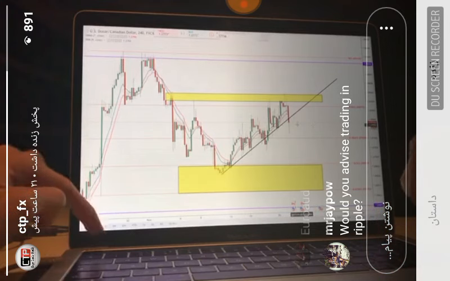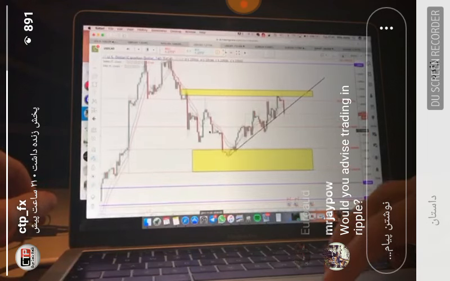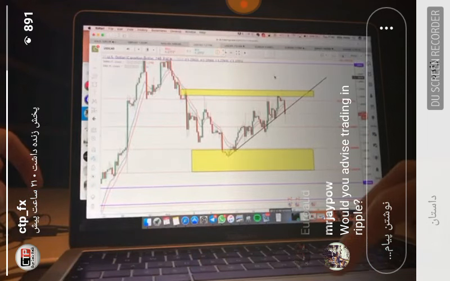So I'll just leave USD CAD for now. To be honest, I won't mess with that one just for now. I'd rather wait for a more clear sign.